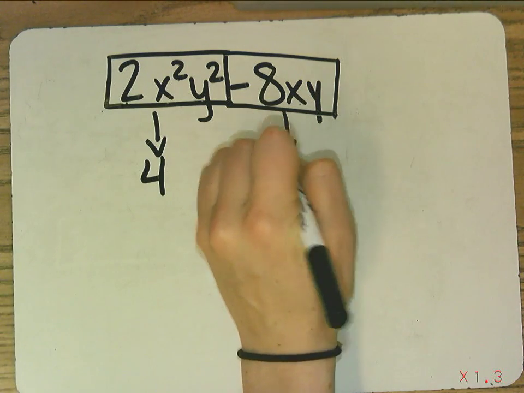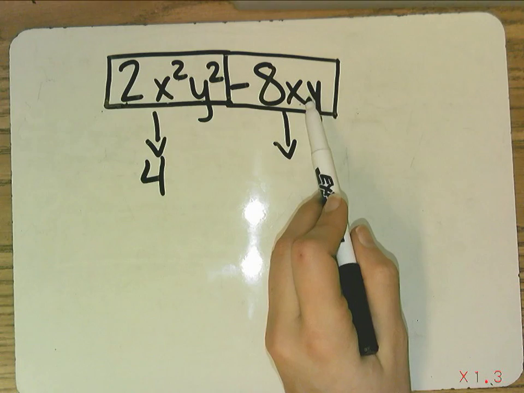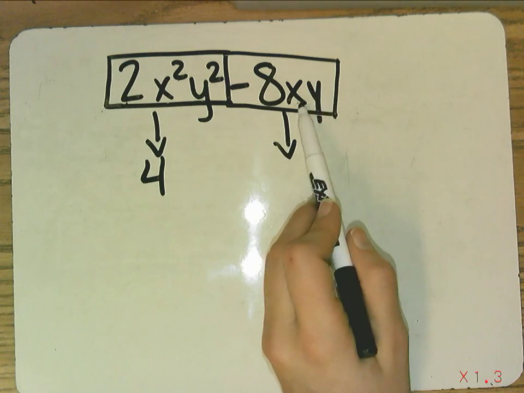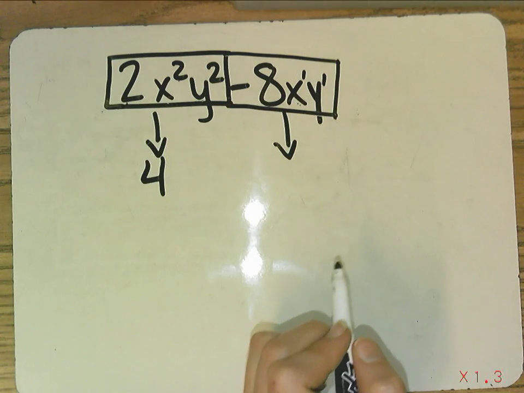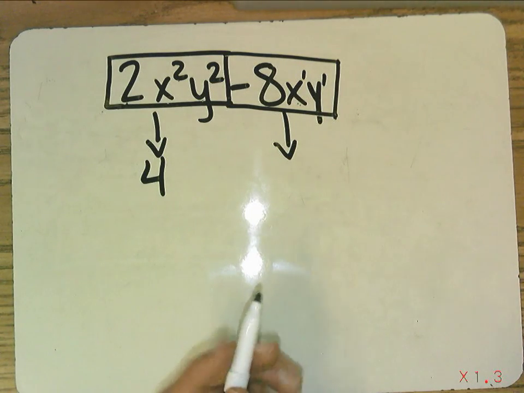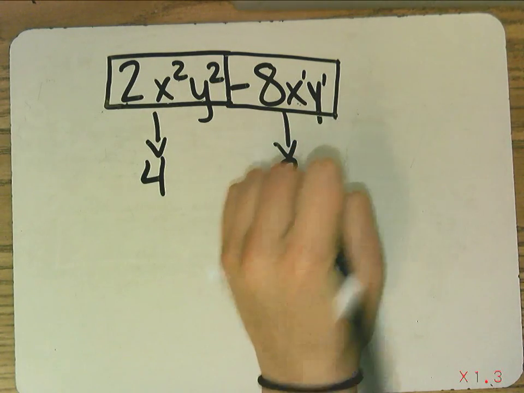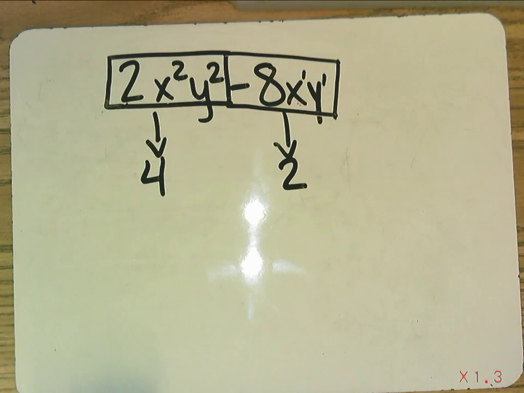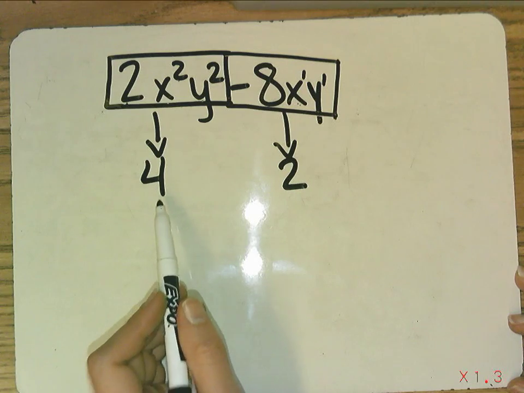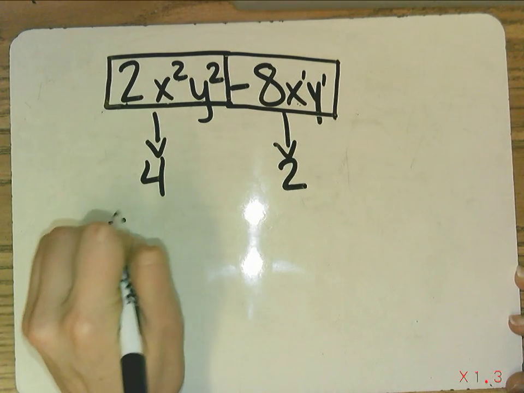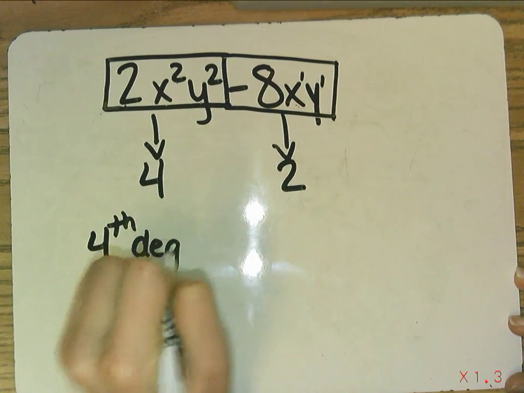This term, I'm only worried about the exponents of the variables. Each of these variables have an exponent of 1. I need the sum of those exponents, so 1 plus 1 gives me a degree of 2. So, of these numbers, the bigger one is 4, so this is a 4th degree polynomial.